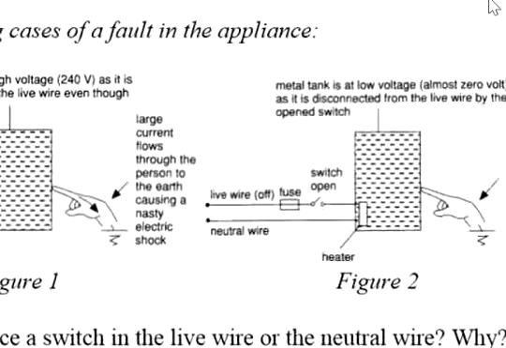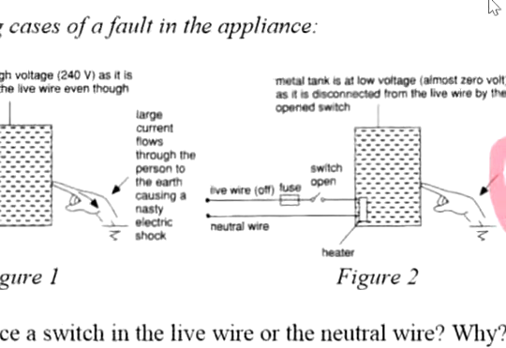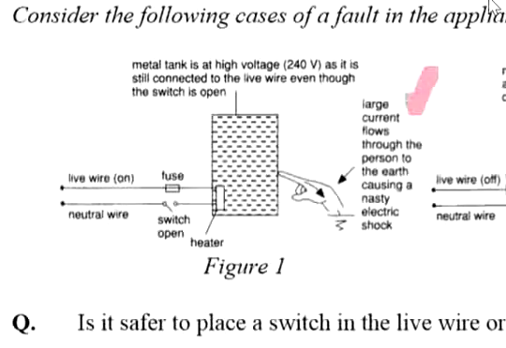Okay, number 1, this one, no electric shock. This diagram, the first one, this person gets an electric shock, large current flowing to the person. Why? What is the difference between these two diagrams?